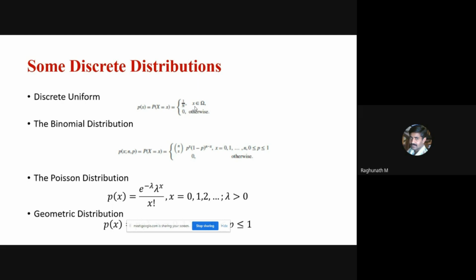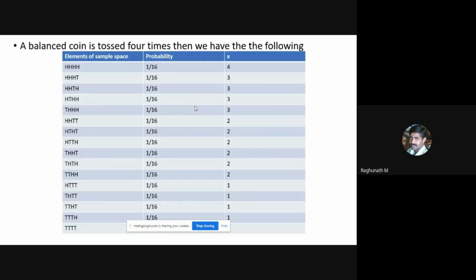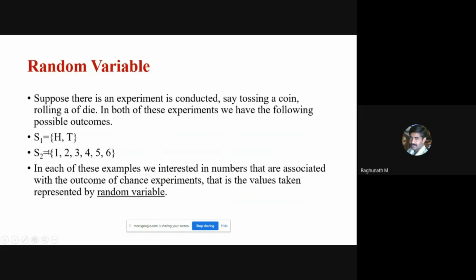So coming to the earlier case, if you consider this S2, this is the sample space which I got upon rolling a die. The possible outcomes are 1, 2, 3, 4, 5, and 6. Each of these values inside the set is called an elementary event.